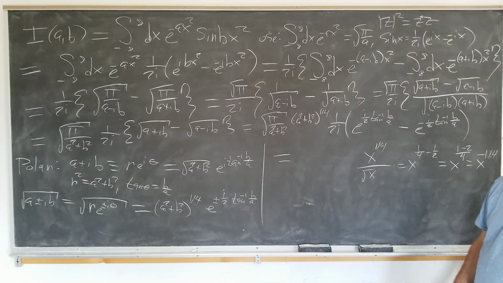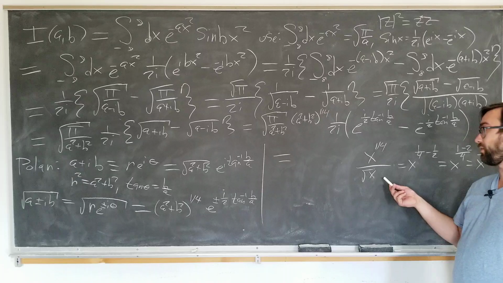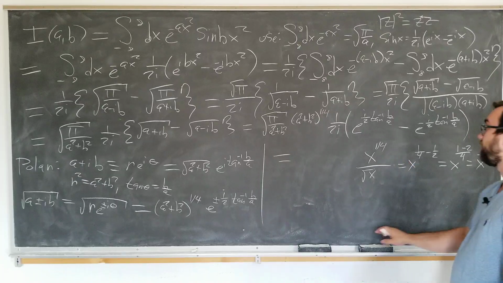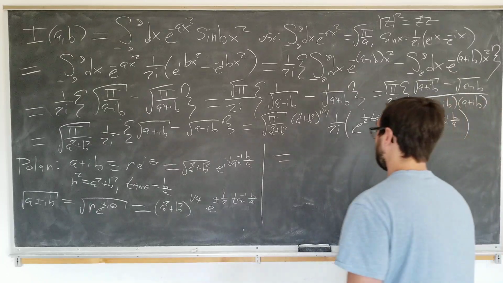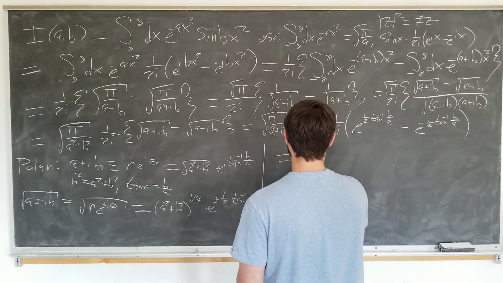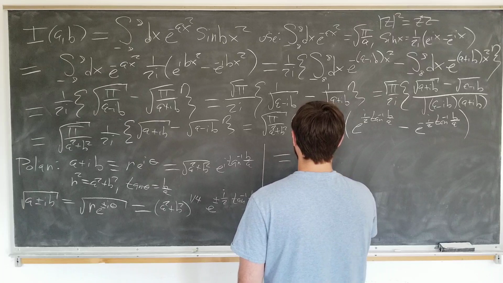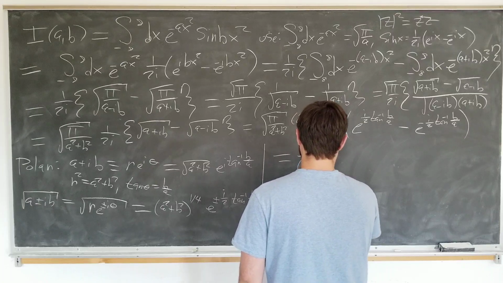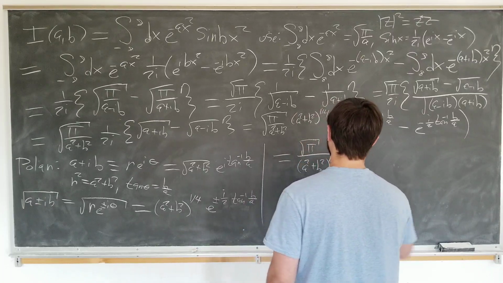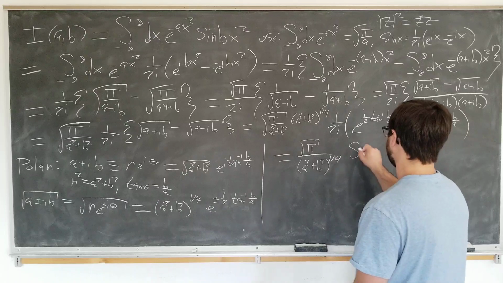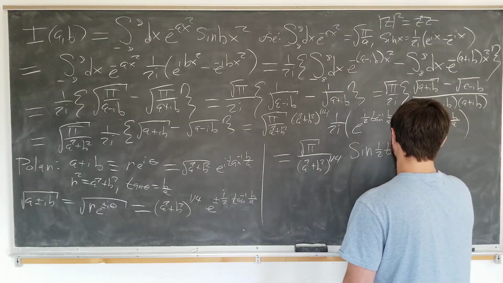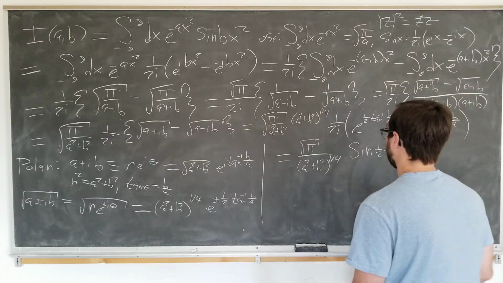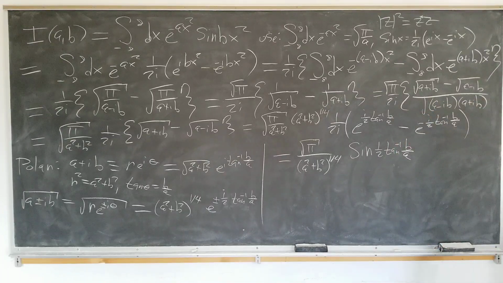So basically, there are more powers of x in the bottom, so the quarter goes in the bottom. And this is now square root of pi all alone. We have a squared plus b squared to the quarter. And now we have the sine of 1/2 inverse tangent b over a. This is our first form of the integral.